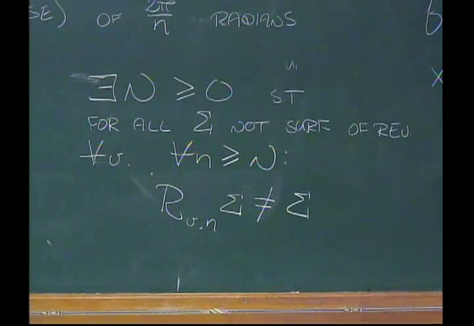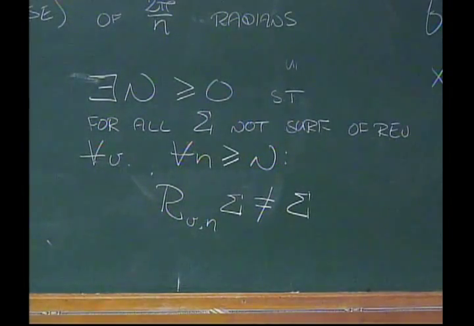In particular, what that means is if n is prime, then that gives you p many disjoint copies of Sigma. So what we do is we can arrange things.